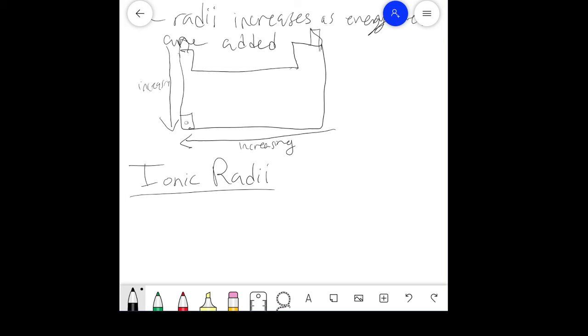So for cations, these are the positive ones, they're going to be smaller than the neutral atom. Because now that the atom has lost electrons, those protons are going to have more of a pull on the ones that are left. They're going to be able to pull them in closer and make that radius smaller.